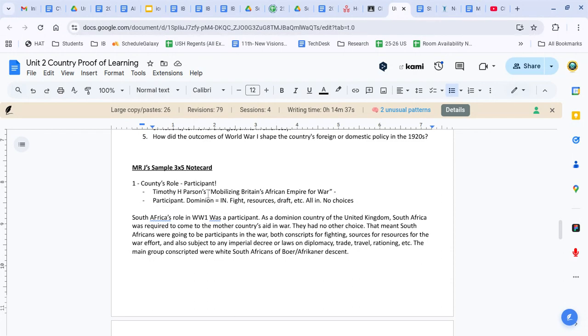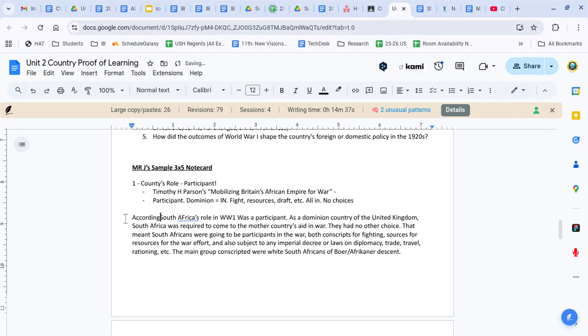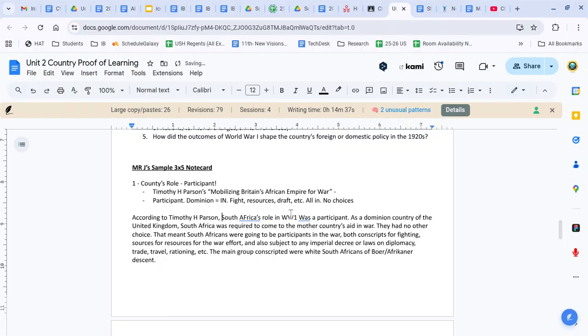Question: what was the question? Source: author's name, and the thing. Oh, wait, I forgot. According to Timothy H. Parson, South Africa's role. So now I have the thing. Because you would see that this is the note card.